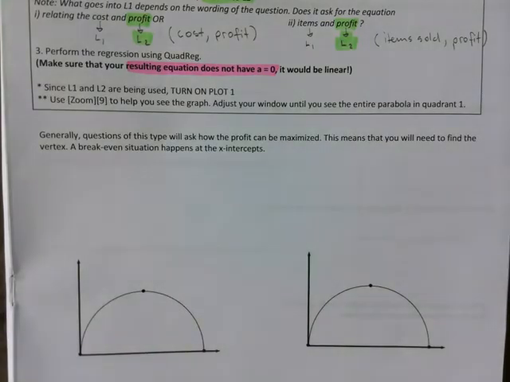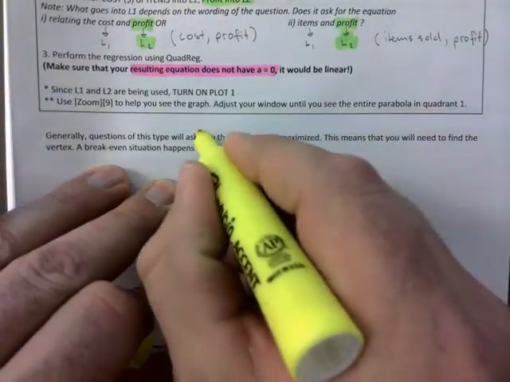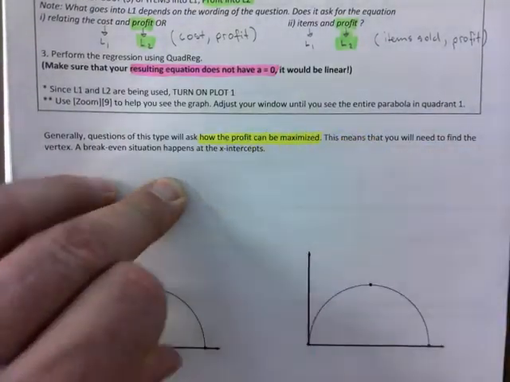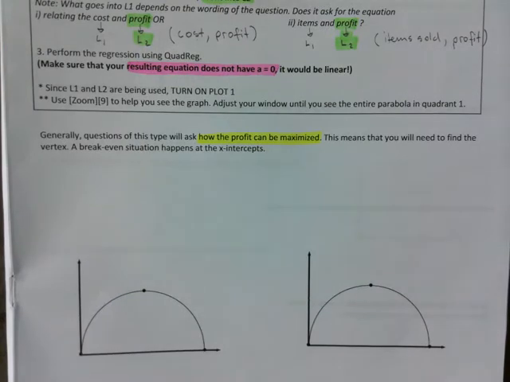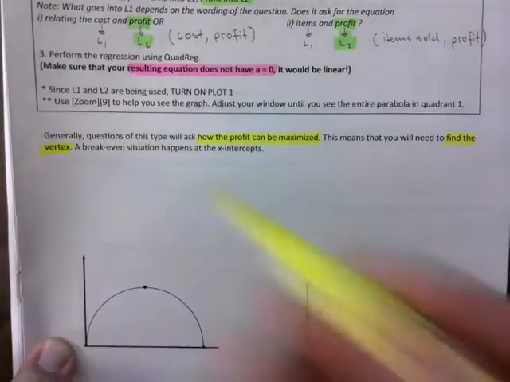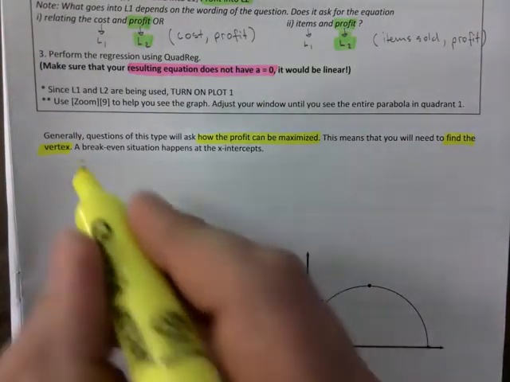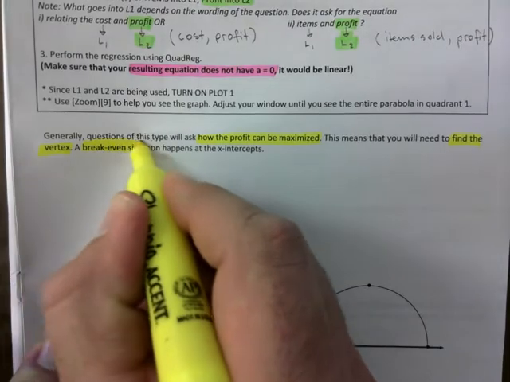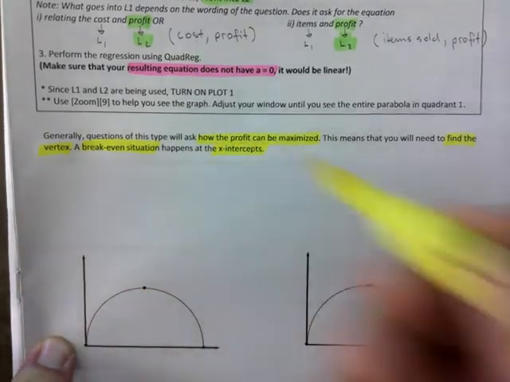Generally, questions of this type will ask how the profit can be maximized. Okay? How can the profit be maximized? This means that you will need to find the vertex. The break-even situation happens at the x-intercepts.